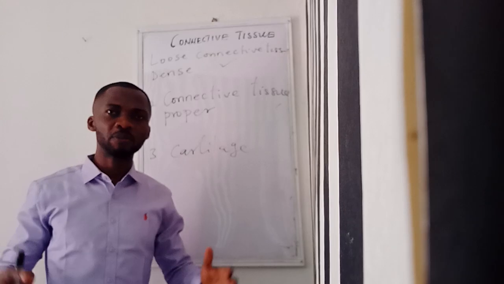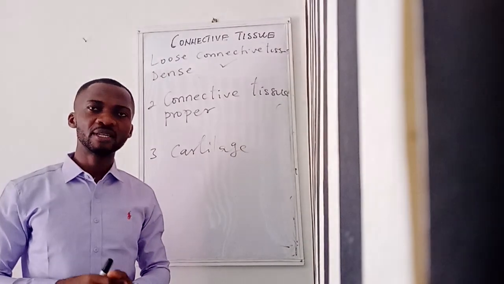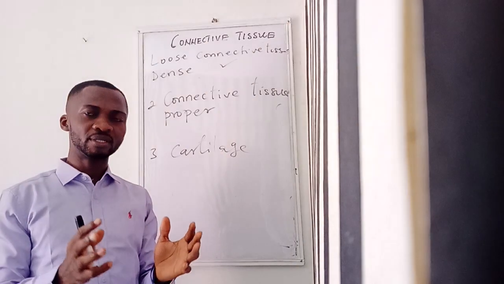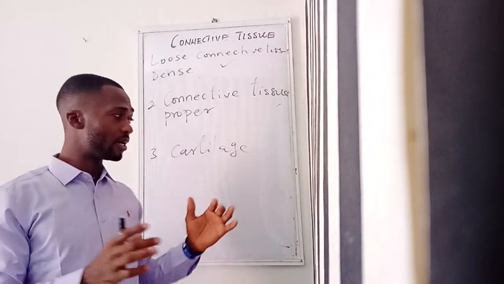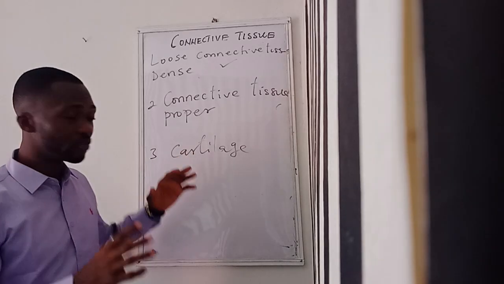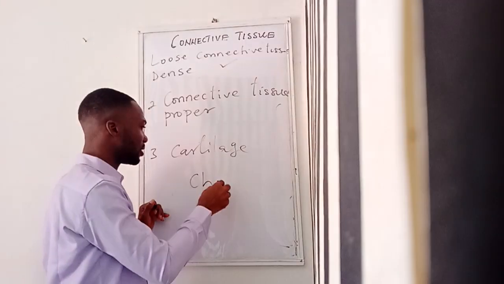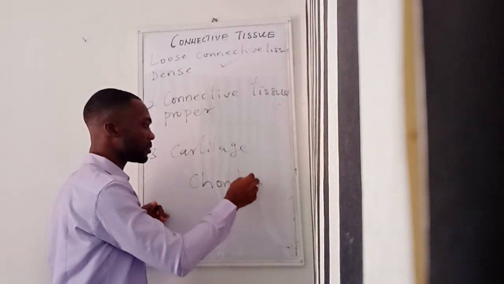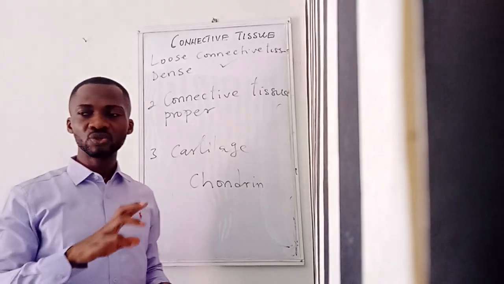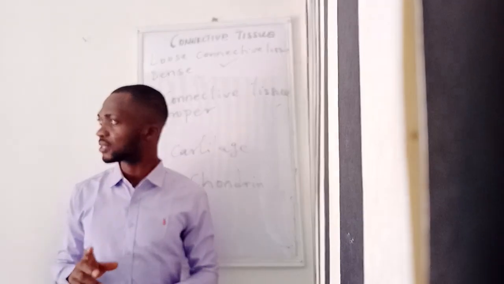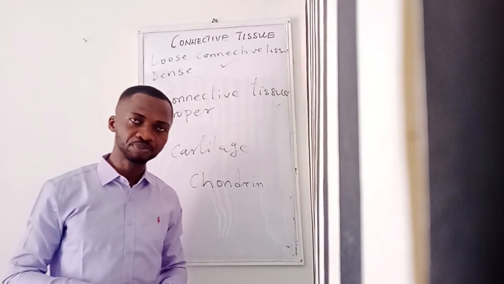The cartilage is made up of an abundance of collagenous fibers that are embedded within a rubbery substance called chondrin. When we say rubbery, that means it's elastic and behaves like rubber. This chondrin is a protein-carbohydrate complex.